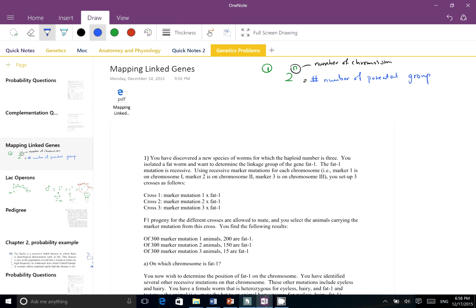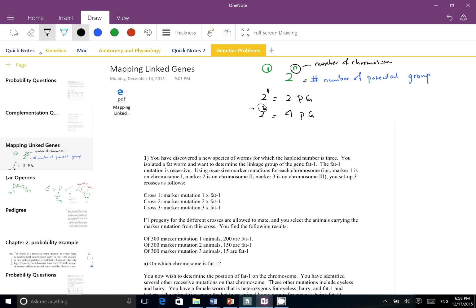So if I have, for example, 2 to the power 1, when I have 1 chromosome, I will have 2 parental groups. If I have 2 to the power 2, which is 2 chromosomes, I will have 4 parental groups.